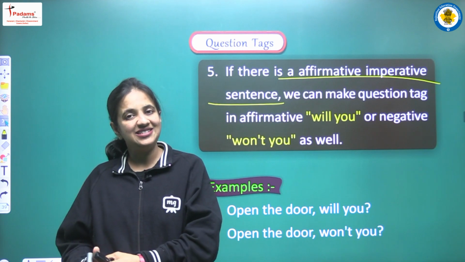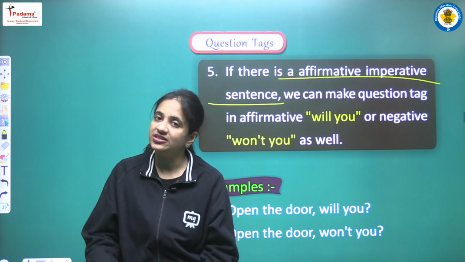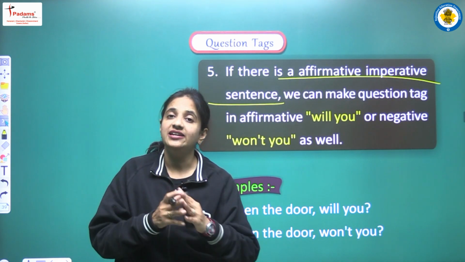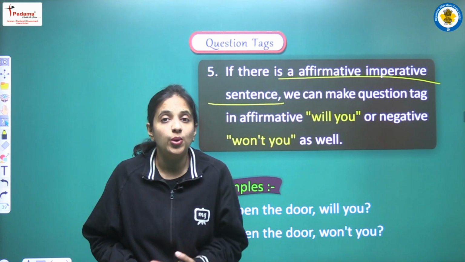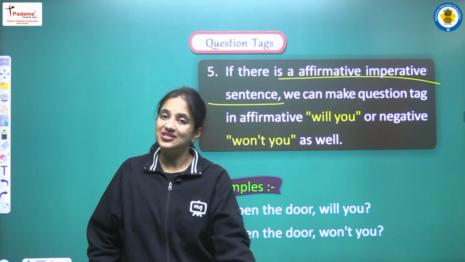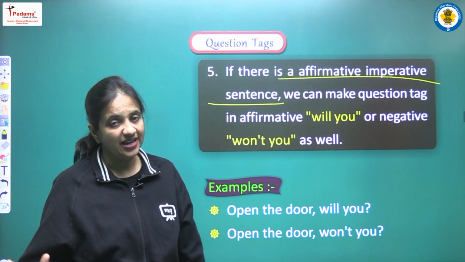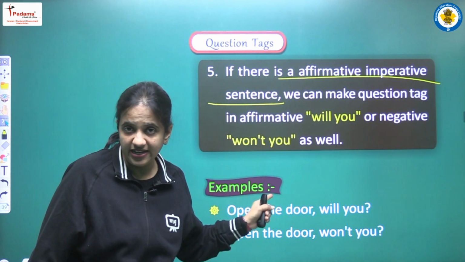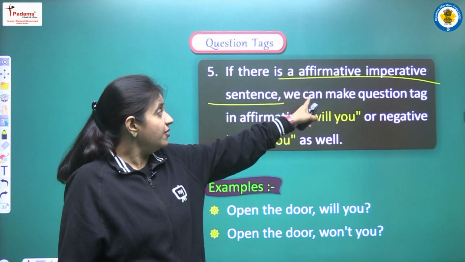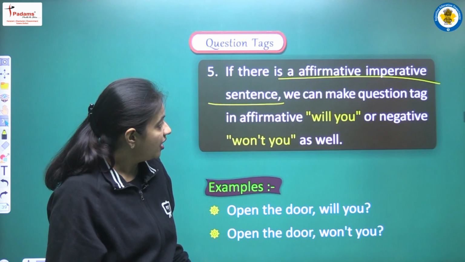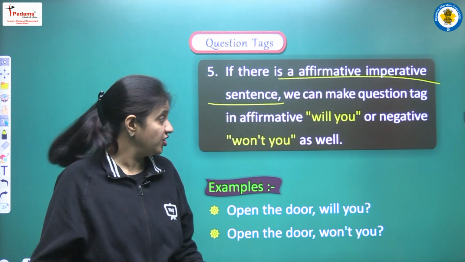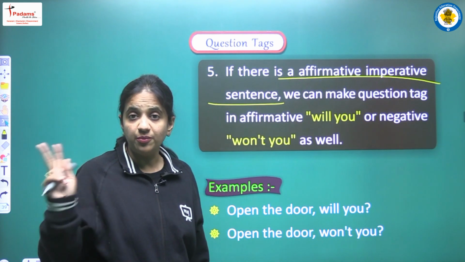So imperative sentences are the sentences that start with the first form of the main verb, and in the sentence we are having any kind of order, any kind of request, any kind of command. So such sentences are known as imperative sentences. So now this rule says that if we are having an affirmative imperative sentence, then where we have to add a question tag, we are having two options here.